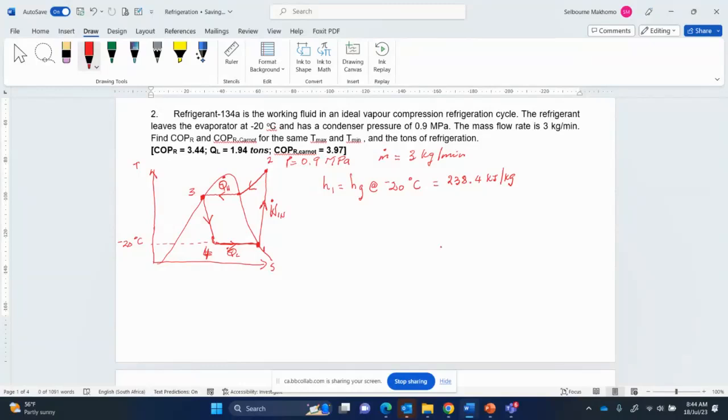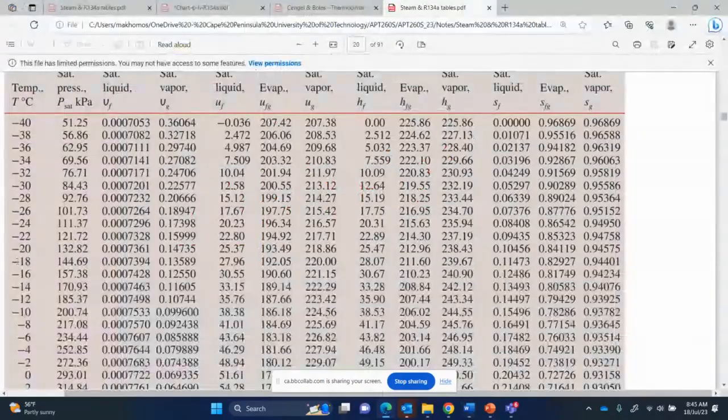Now, we know that the relationship between point 1 and point 2 is that entropy at that point is equal to entropy at that point. So S1, which is entropy at 1, is also Sg at -20 degrees Celsius from the tables. We go back to the tables to obtain S1.